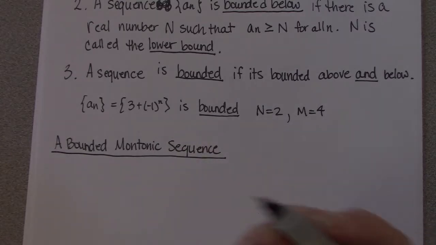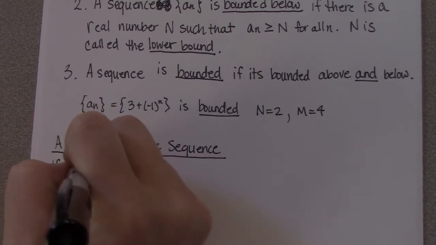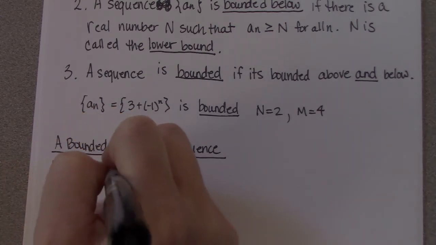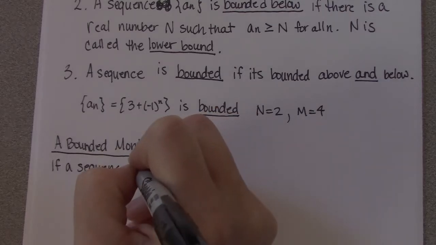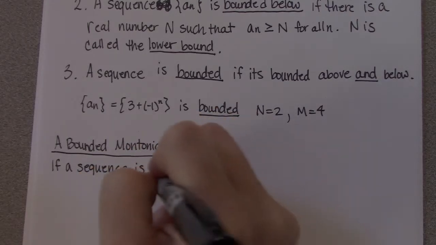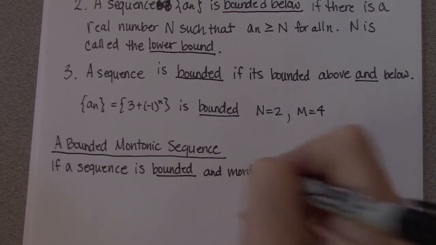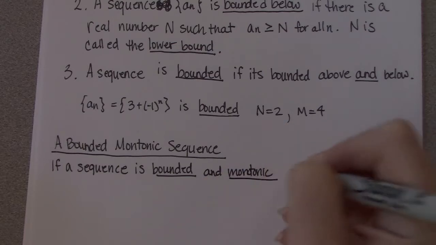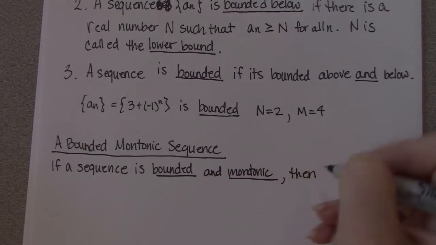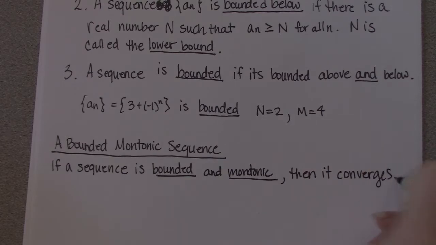A bounded monotonic sequence is really awesome because if you can identify that a sequence is bounded and monotonic, then it converges.